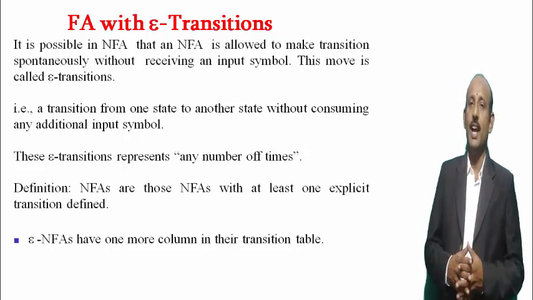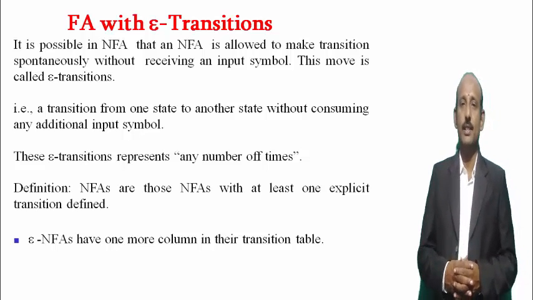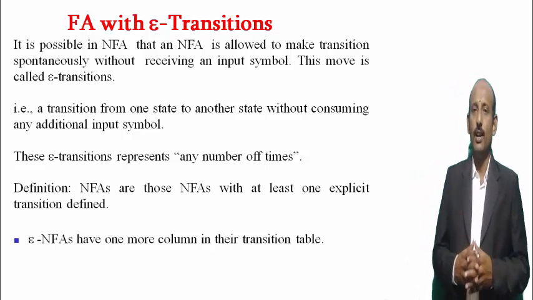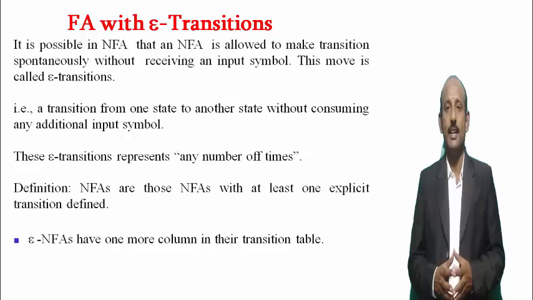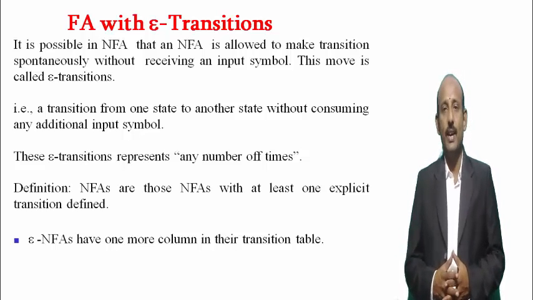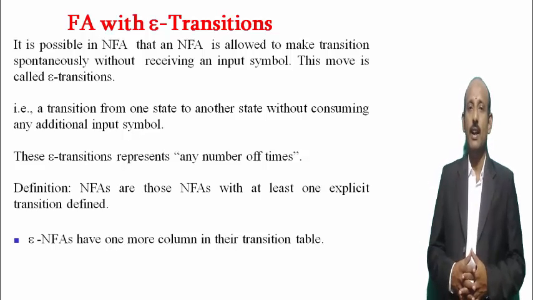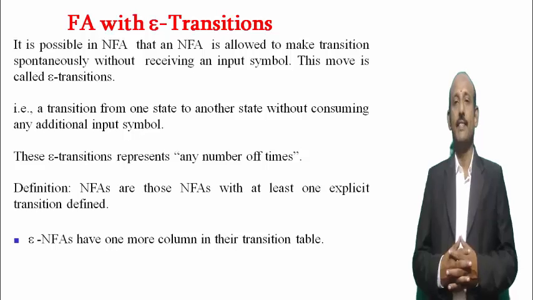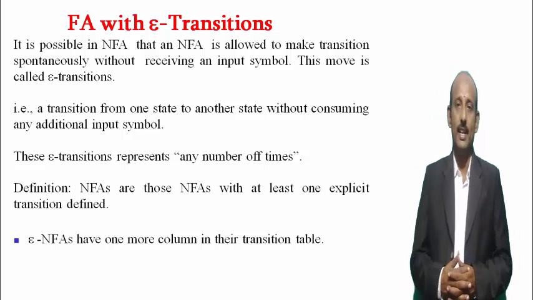Already we have discussed in the previous videos, the finite automata is broadly categorized into two: the deterministic finite automata and the non-deterministic finite automata. Both DFA and NFA recognize the languages that are called regular languages.